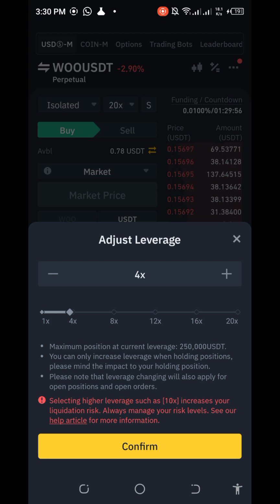Why does the person earn more than that? Because if the market should go against us together, the person using the higher leverage will be kicked out of the market before me. Me, I will stay long, before you know, they have already kicked him out of the market. These are the differences between these leverages.